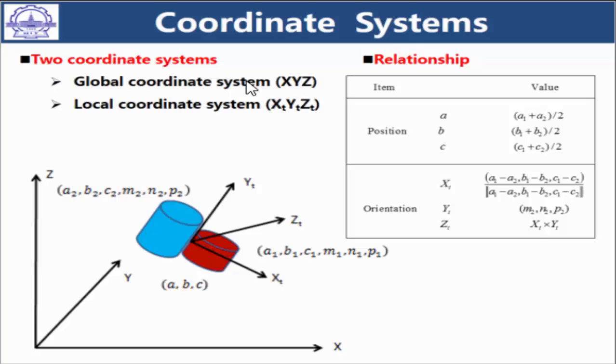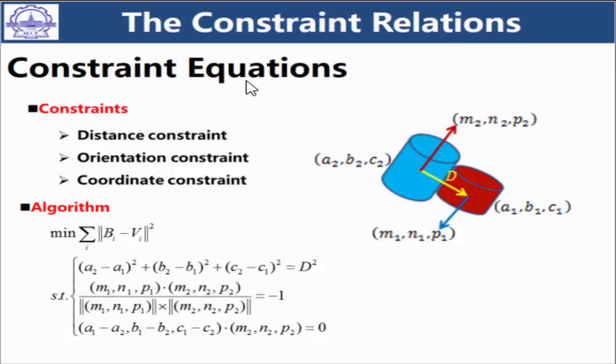position and orientation of the tracking target. Also, since there is a relationship between these two magnets, we also put constraint equations in the optimization. So here are three constraints.